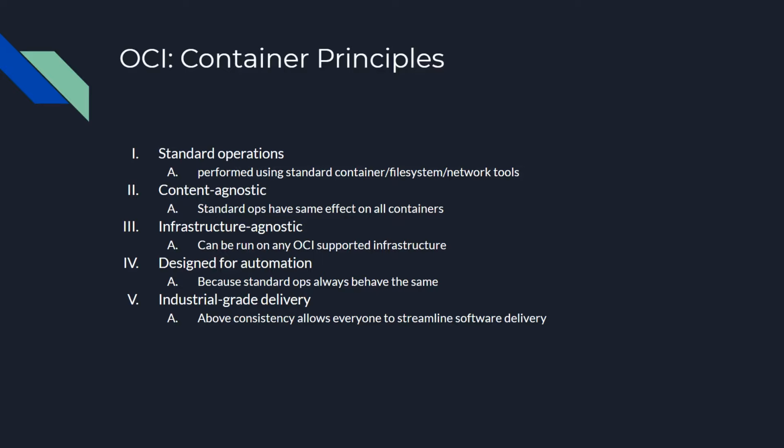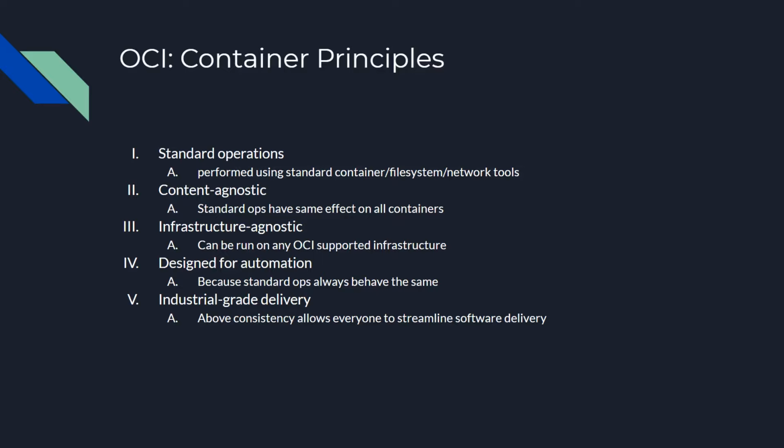The third point is infrastructure agnostic. So I should be able to build an image on my laptop and distribute it to a friend, or run it in the cloud, or run it on a VM with a container engine, and it shouldn't matter what the underlying hardware is. Containers should be designed for automation, so because of the previous 3 principles, we should have a very consistent runtime, and automating our environment, for instance in a CI/CD process, should be very easy.